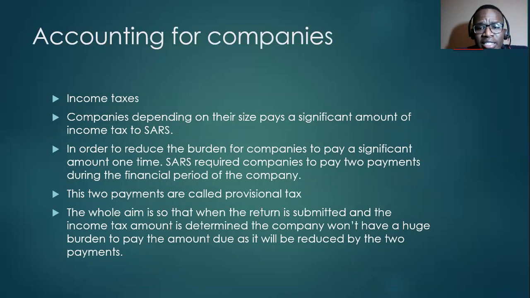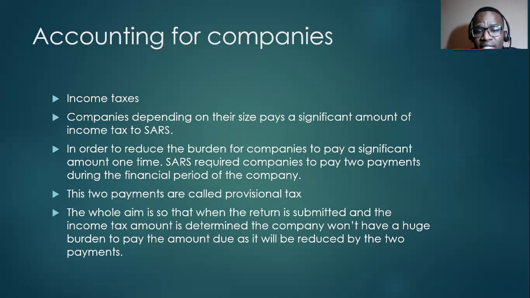Obviously, companies vary in size, right? There are companies that are big and others that are small, right? For the big ones, most of the time their tax is very high. So in order to reduce the burden of companies having to pay a significant amount of tax at one time, SARS requires companies to make two payments during the financial period of the company.